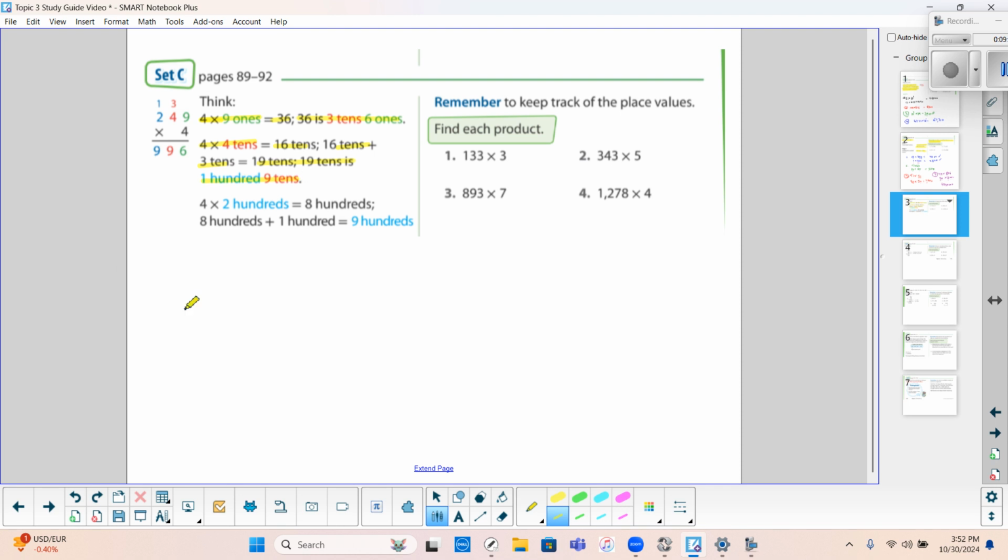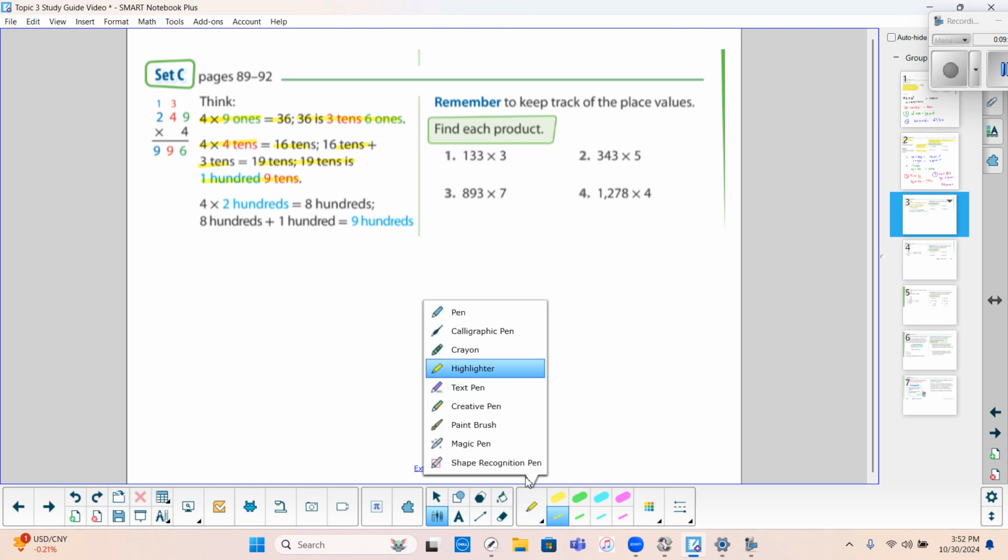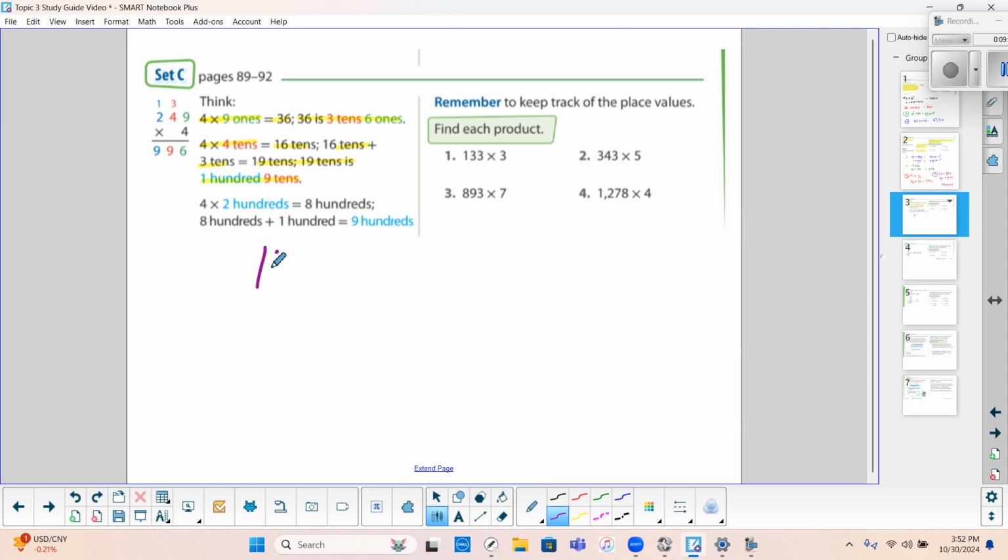I really don't like how this describes things. I'm going to describe it, but then I'm going to do these problems my way. Let's go back to the description here. They want you to recognize that 4 times 40 is 160, right?